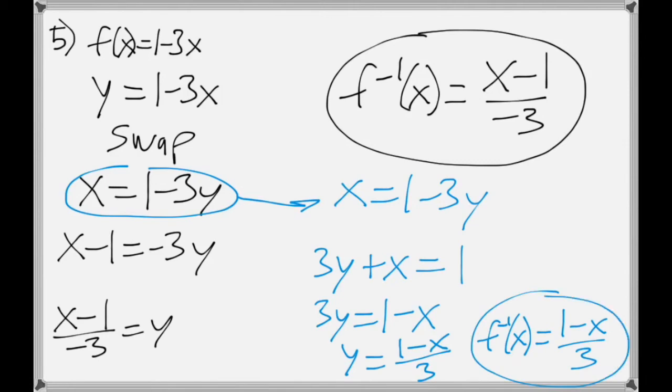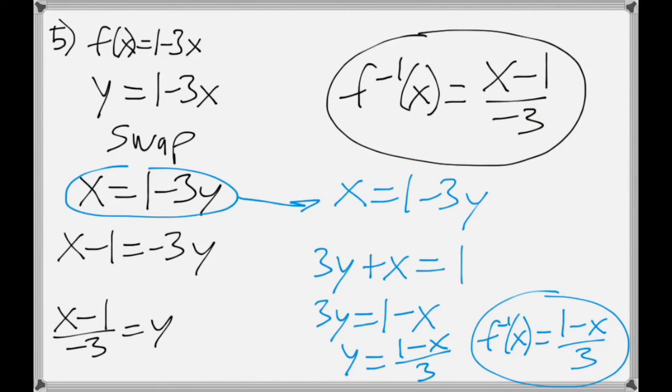If I compare this with my original answer, I have a positive x here and a negative x here. I have a negative 1 here and I have a positive 1 there. I have a negative 3 here and I have a positive 3 here.